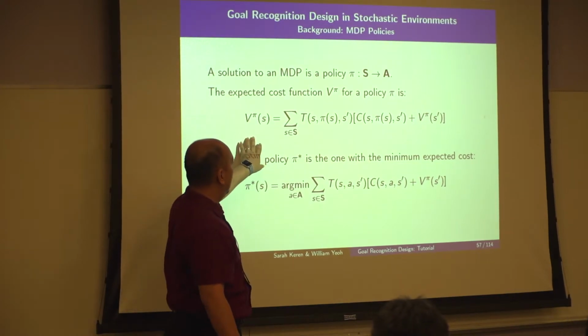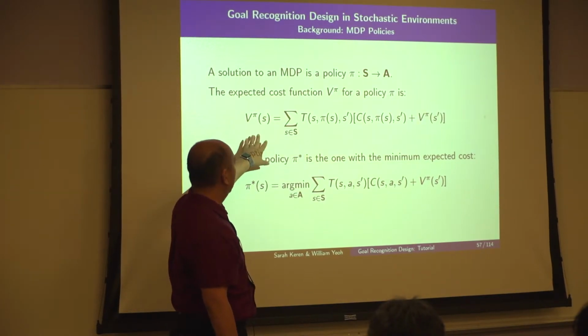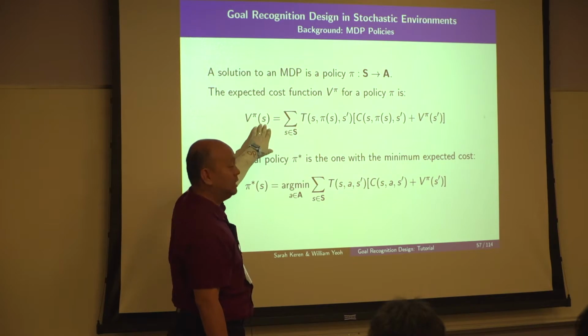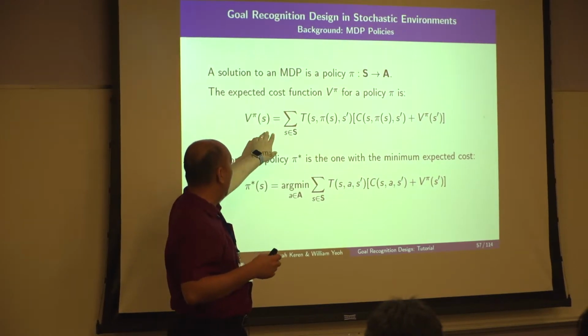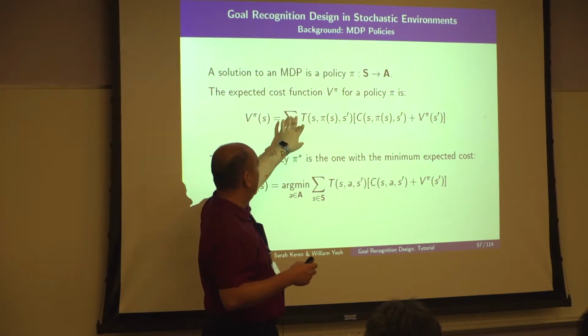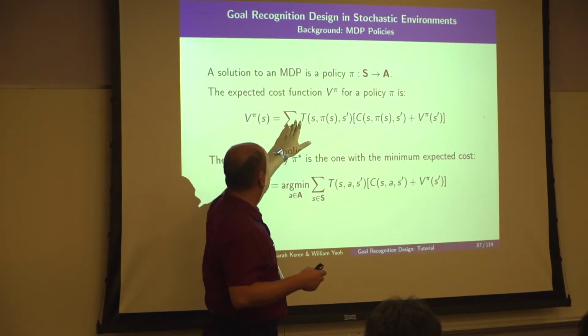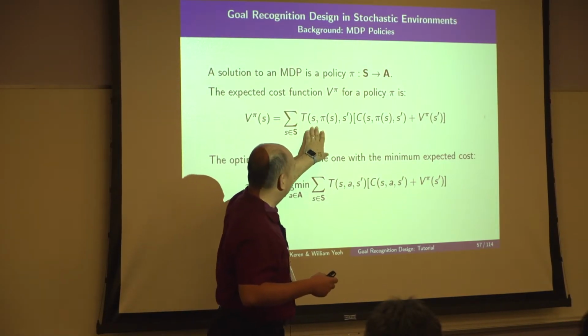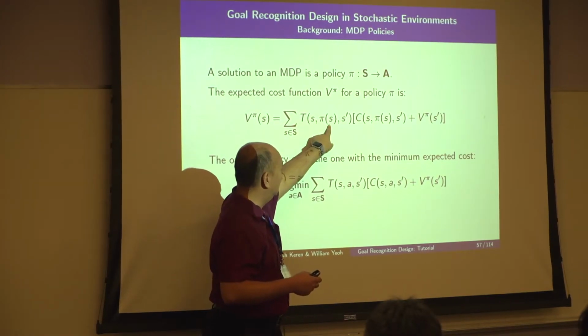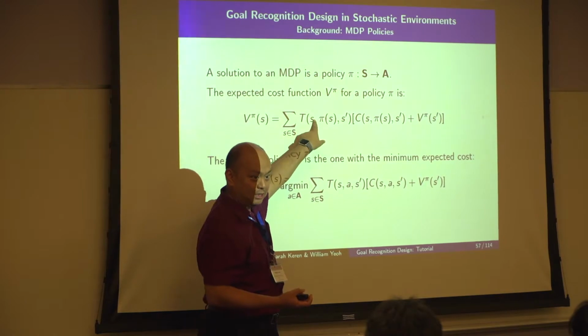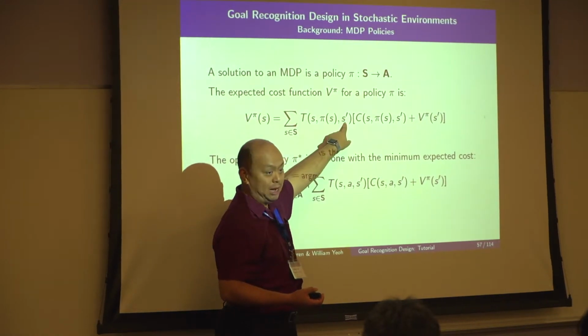It is a recursive definition. So you can imagine that if you are at a particular state S, the value of this policy at this state would be the expected cost. So this is the expectation of, if I execute the action prescribed by this policy at this state, I will end up in state S prime with some probability.